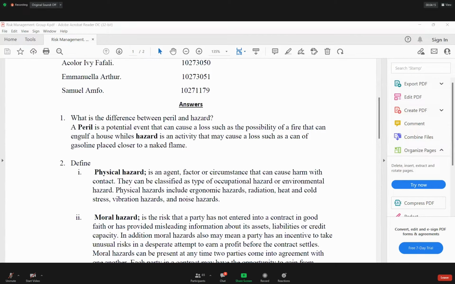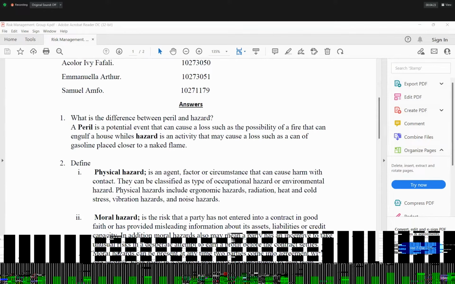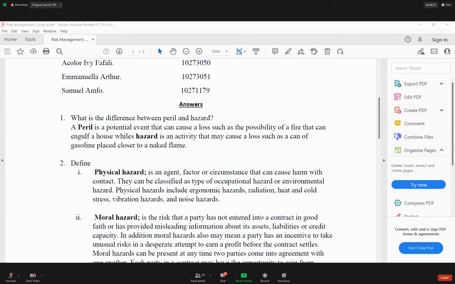Please, my name is Esther Malpinyani Doho, a member of Group 4, and we are presenting on what perils and hazards are and the differences. A peril is a potential event that can cause a loss or damage, and a hazard is an activity that can cause loss or damage to an individual. And we have types of hazard. That's the physical hazard, which is an agent or a factor that can cause harm with contact.